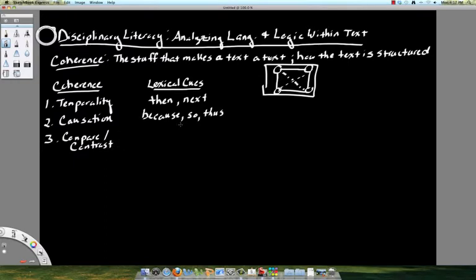Now, compare and contrast uses some lexical cues that are just single words like unlike or like, but they also have a lot of noun phrases. For example, similar to and in contrast.